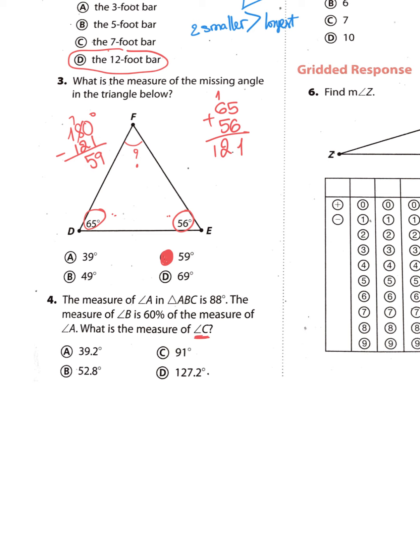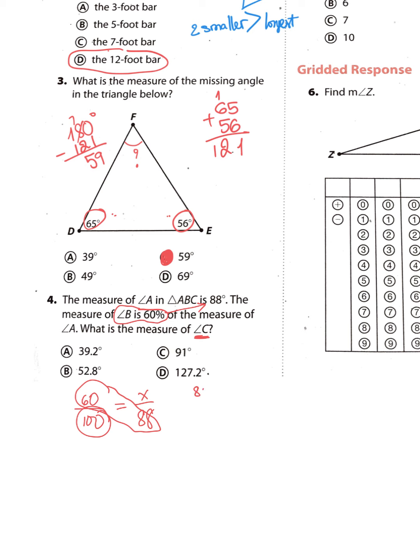So first, I need to find out what angle B is, with 60% of 88. I can set up my proportion: 60 out of 100, 6th grade dismissal, equals X over 88. Then cross multiply and divide by this number.